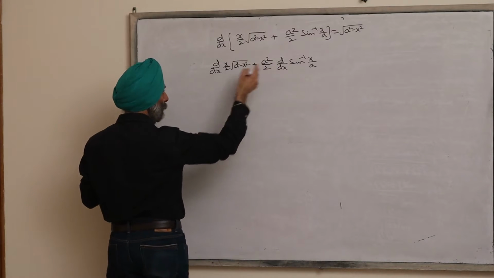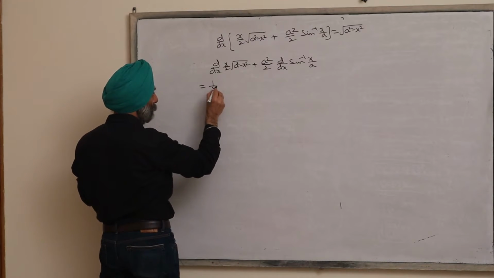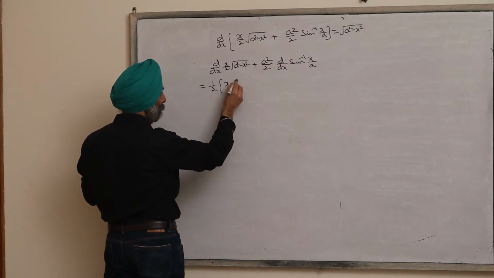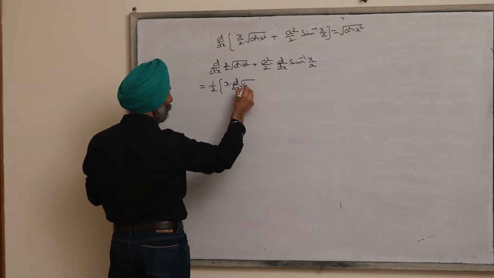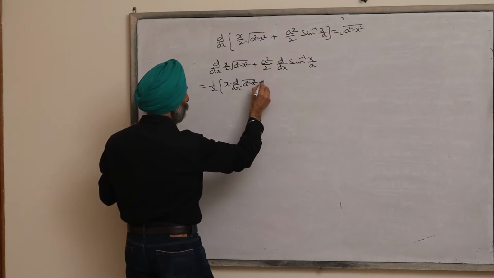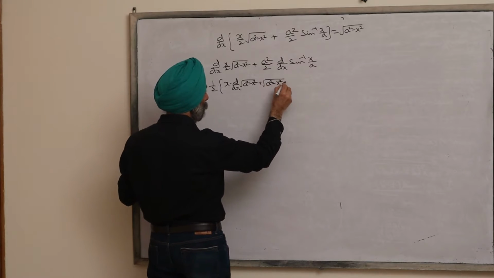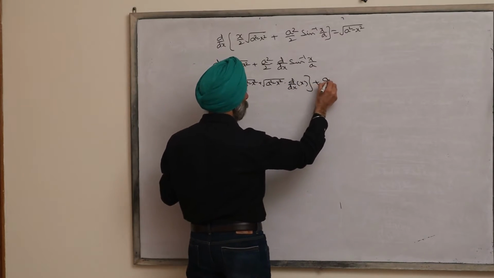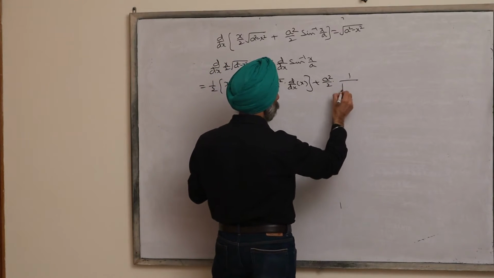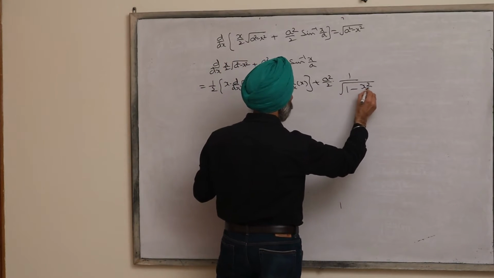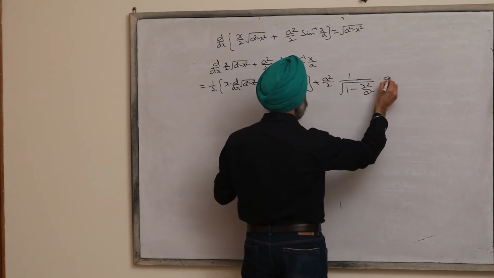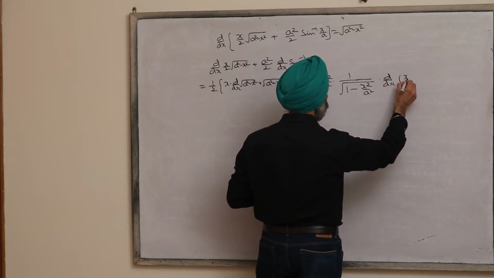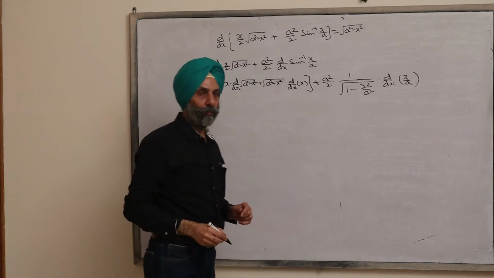Because this being constant can be taken outside the differential sign, so half of first function into the differential of the second plus second function into the differential of the first, plus a square over 2 into 1 over under root of 1 minus x square over a square into differential of x over a.